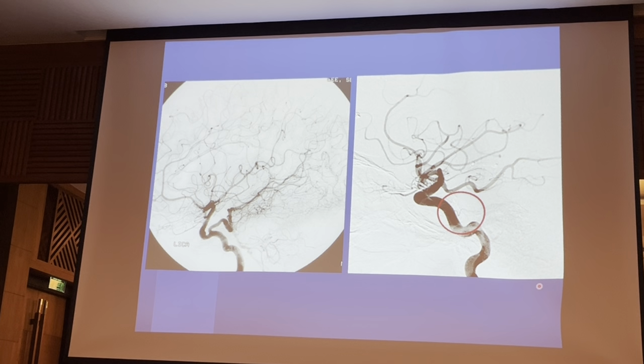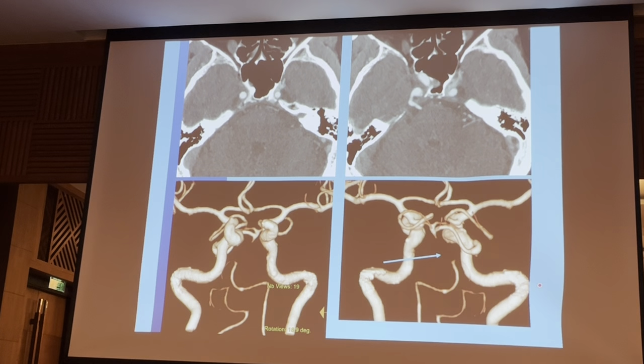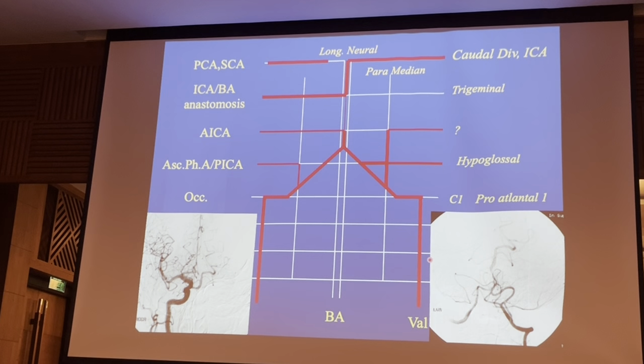I do not have an angiographic case, but I have seen a couple of cases on CTA which show a complete absence of the mid portion of the basilar artery. The proximal artery is supplied from the vertebral, but the distal portion is supplied from the trigeminal artery, as you can see in this situation.